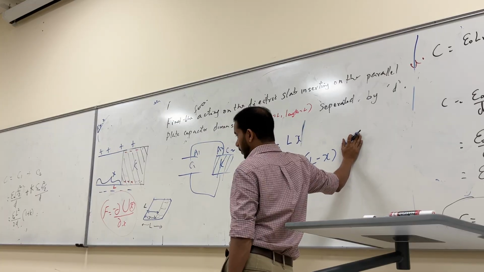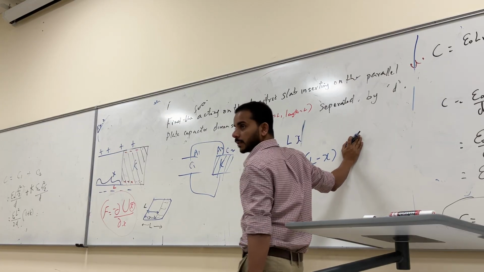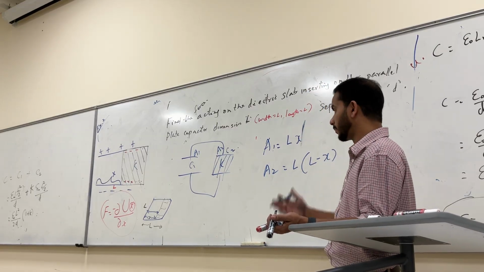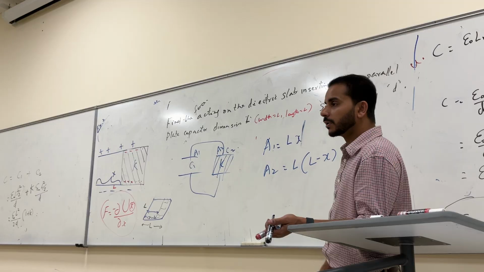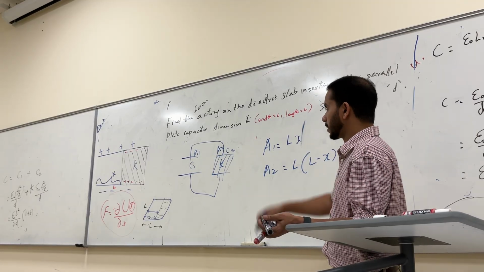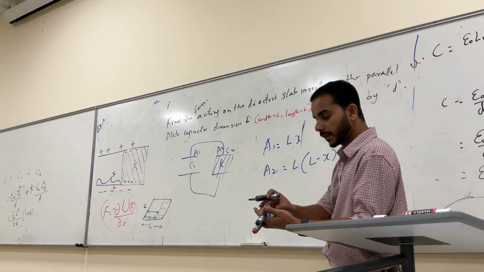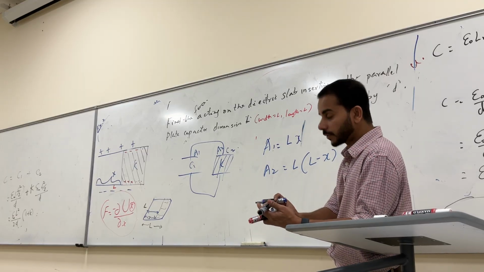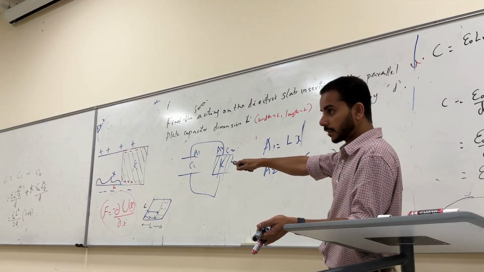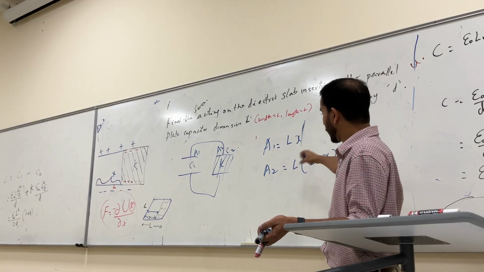Most of these problems regarding capacitors, since the capacitance doesn't depend upon the charge or the voltage, you should know the geometry. When the questions come in the exam, you have to sketch it in a similar way and find the area.